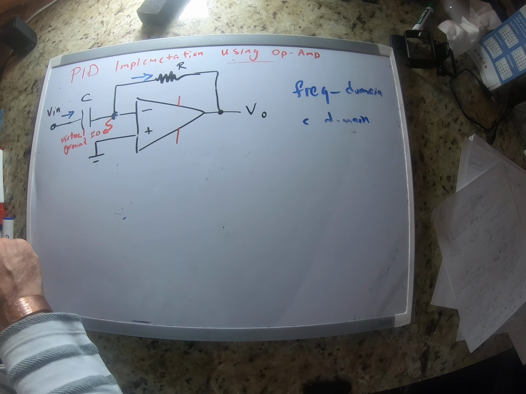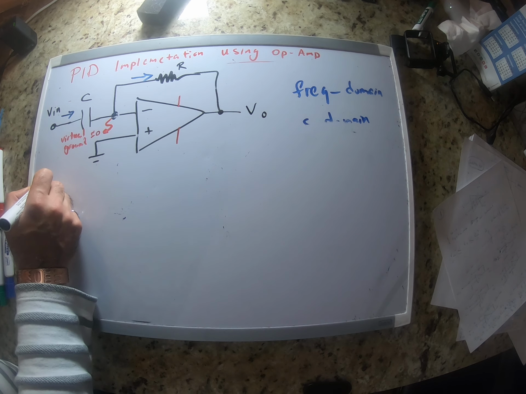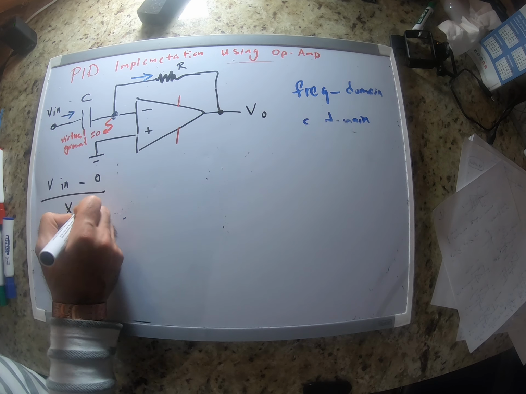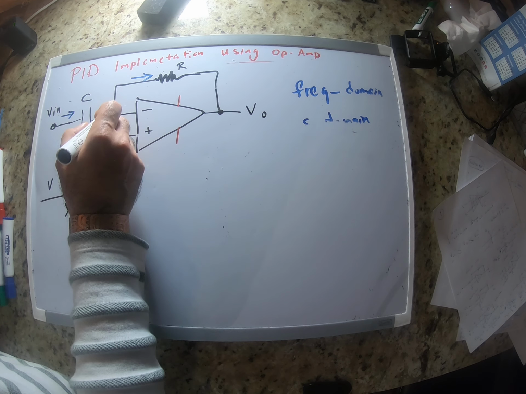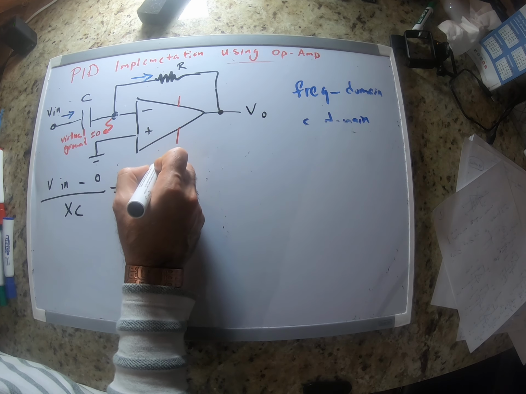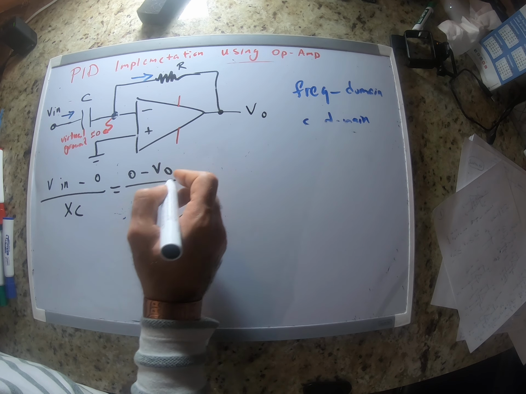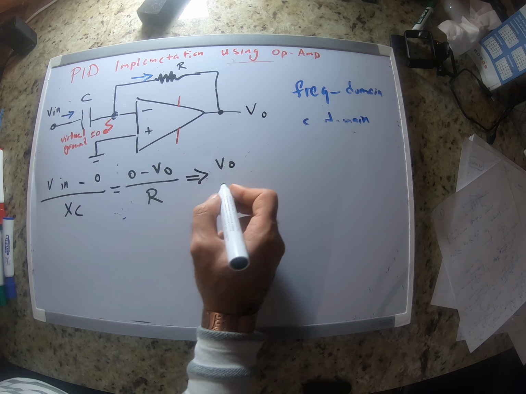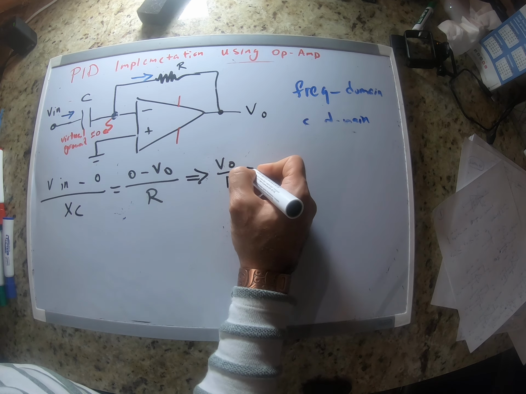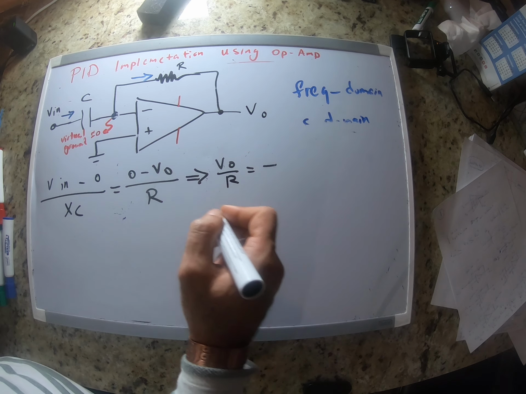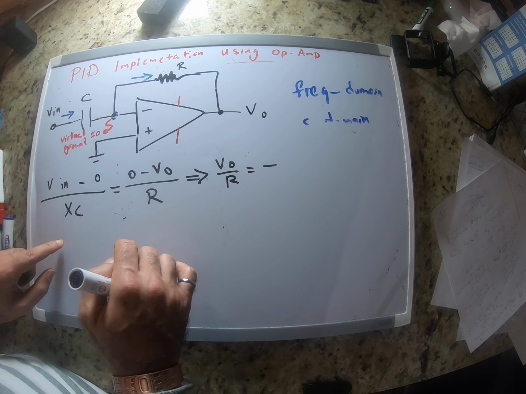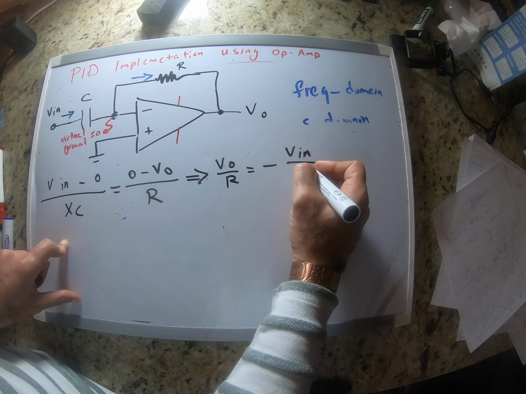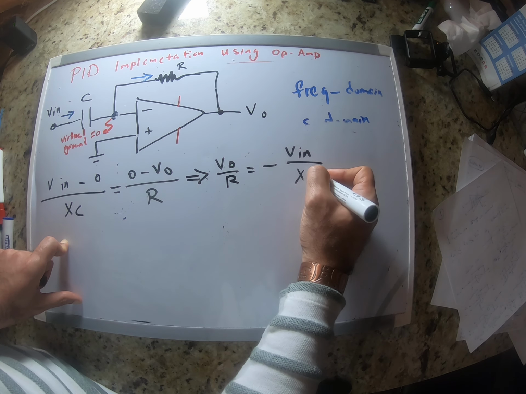Again, I'm going to write KCL at this point. Vin minus 0 divided by XC is equal to 0 minus VO divided by R. So this time it means that VO divided by R is equal to negative of Vin divided by XC.